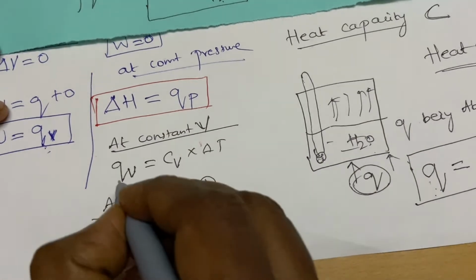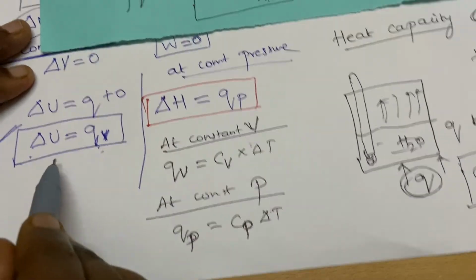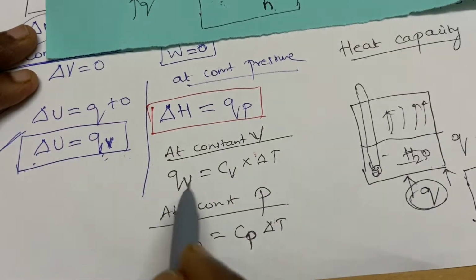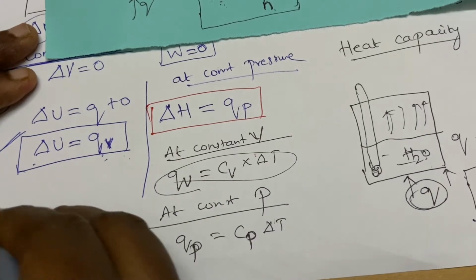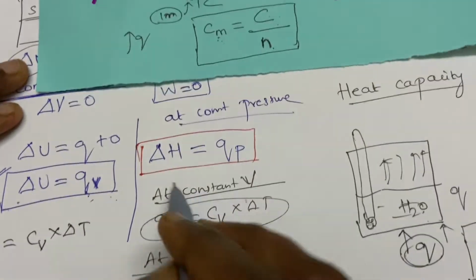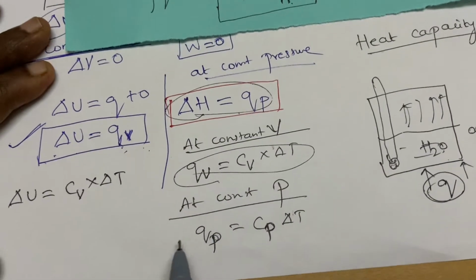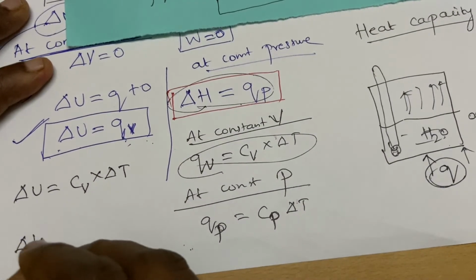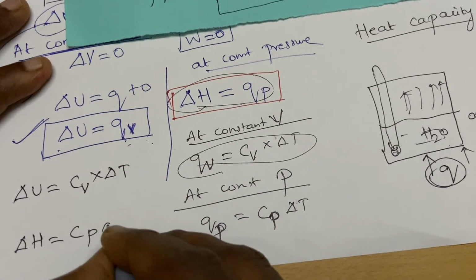We know that del U is equal to QV, isn't it? So we can write that del U is equal to CV into del T, and your del H is equal to QP, so I can write del H is equal to CP del T.